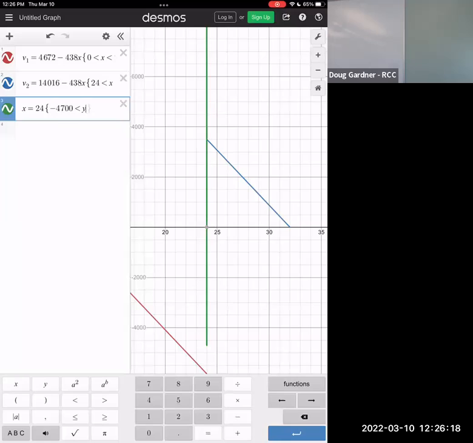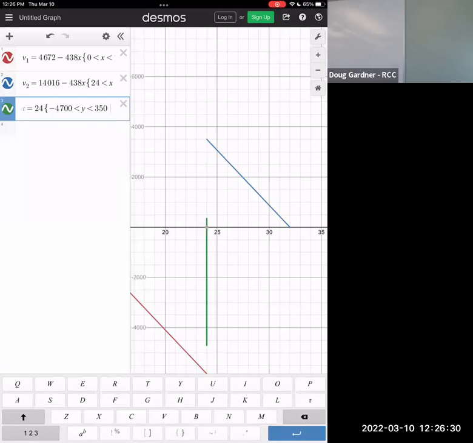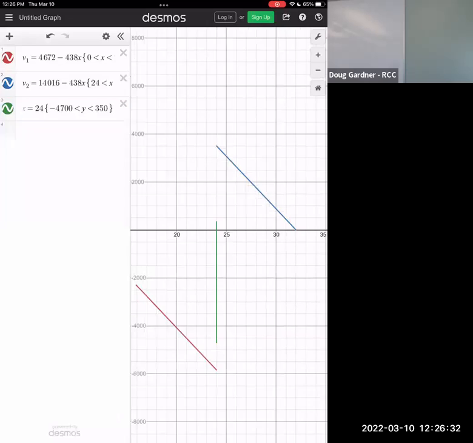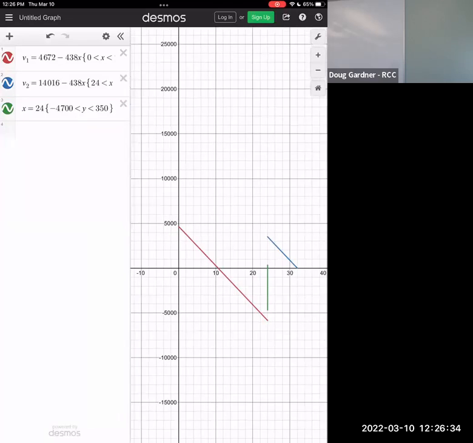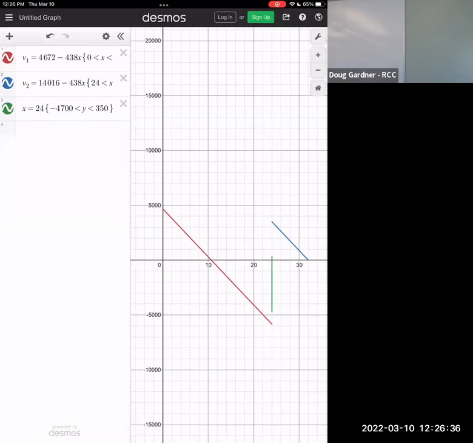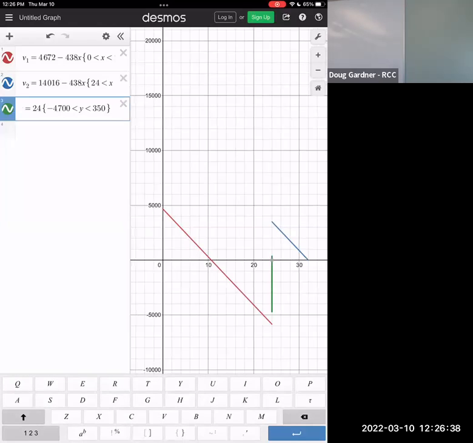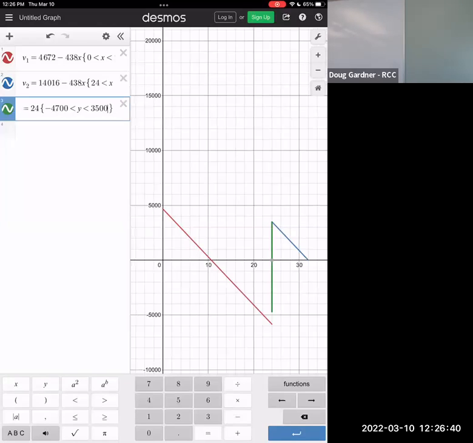notice I'm choosing Y this time. And then the Y max looks like 3,500 or something like that. Of course, the other 0 didn't show up.